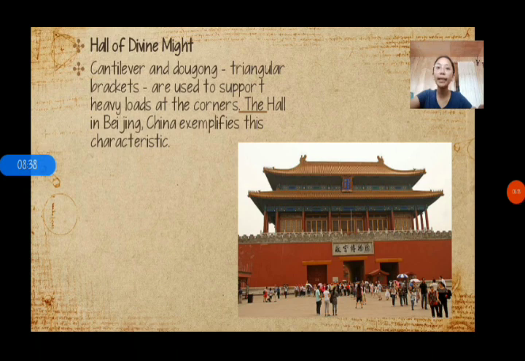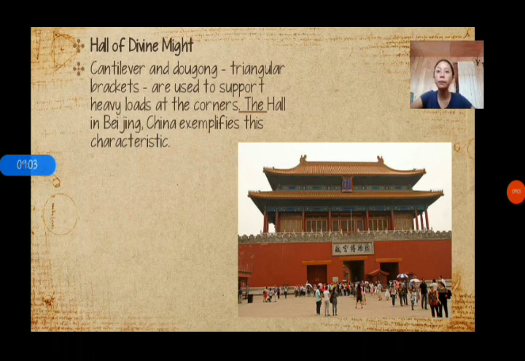When we say cantilever, it is an extension or overhang without exterior bracing. So, we can really observe in the photo the extension, extension from both sides where we don't see any exterior bracing. Because instead of exterior bracing, they use corbel brackets or dougong.